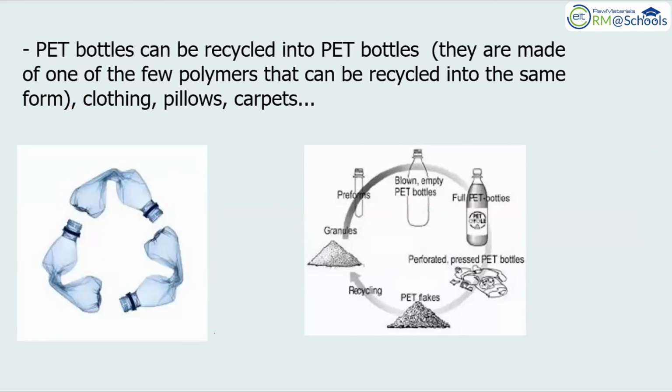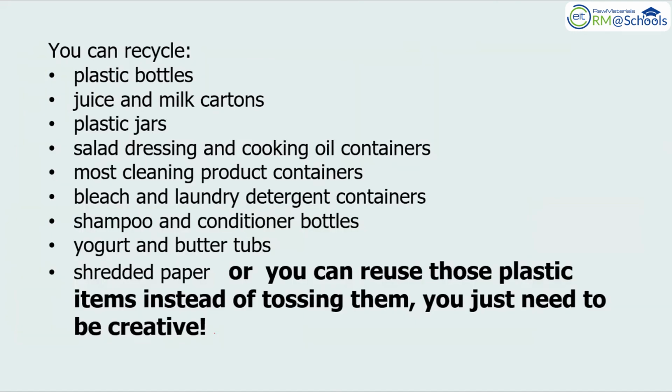And also PET bottles can be recycled into PET bottles. They are made of one of the few polymers that can be recycled into the same form. We mentioned clothing, carpets, and we can also turn PET bottles into pillows. Okay, let's see what else we can recycle.